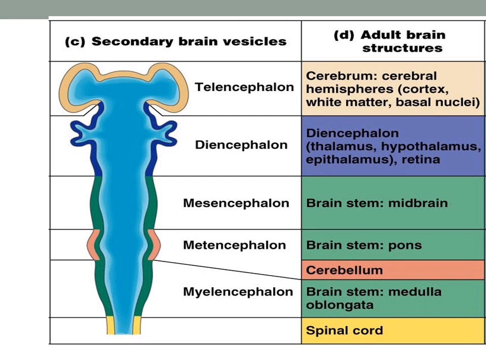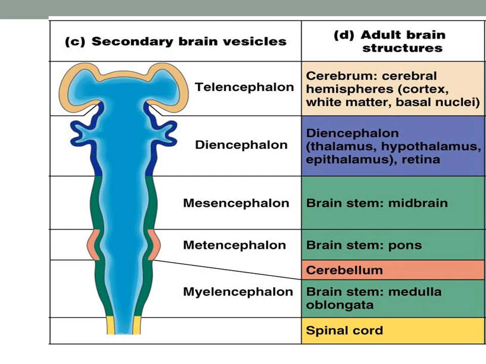And whereas there were 3 primary brain vesicles, the prosencephalon, mesencephalon, and rhombencephalon, at about 7 weeks we see 5 secondary brain vesicles. So from the primary brain vesicle of the prosencephalon, we see the development of 2 structures. We see the development of the telencephalon and the diencephalon.